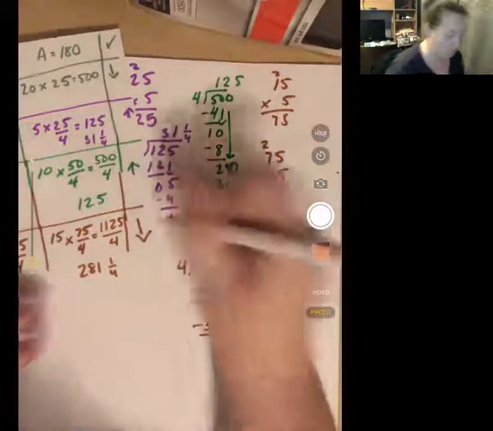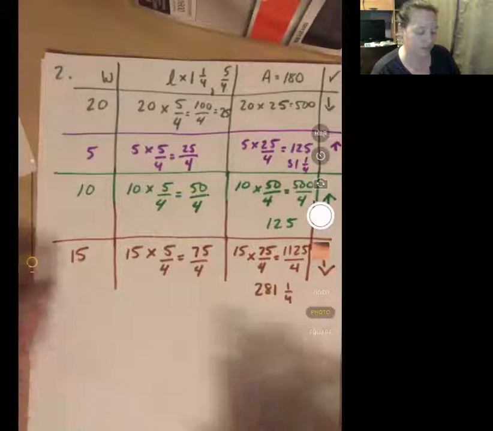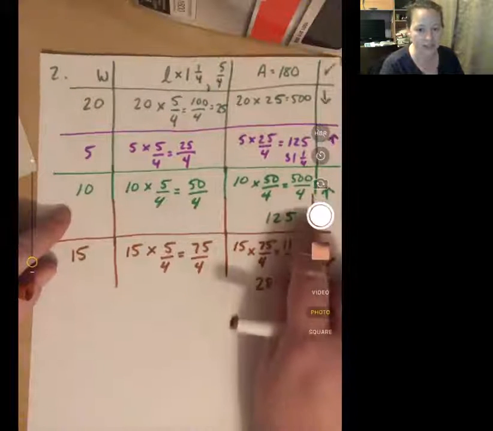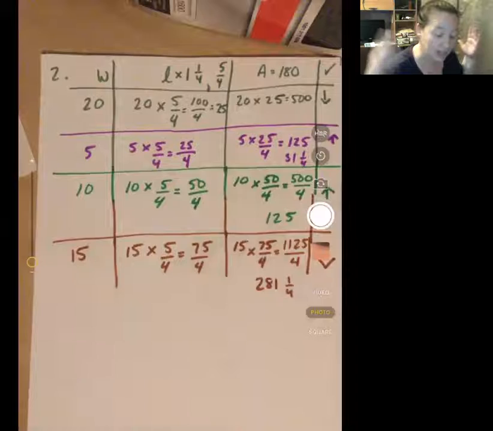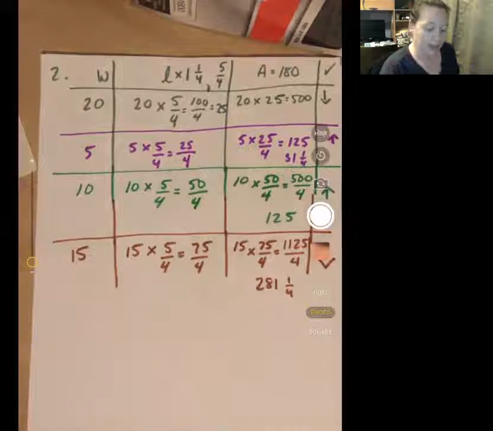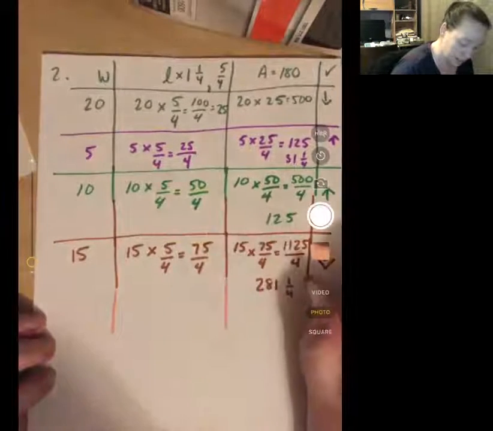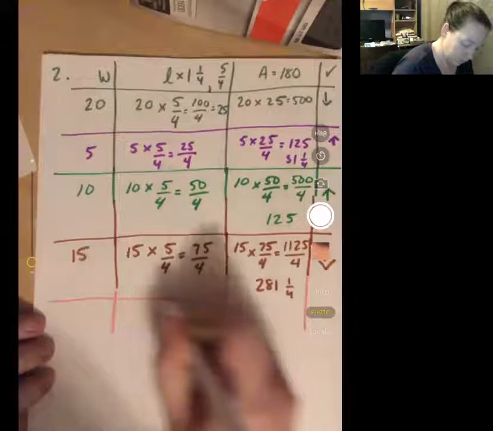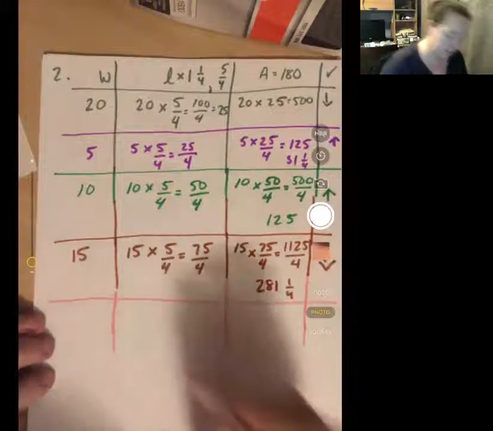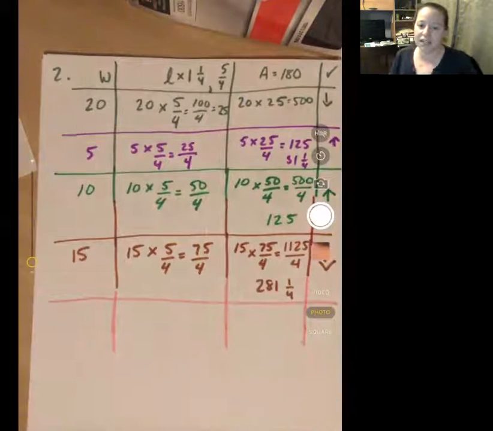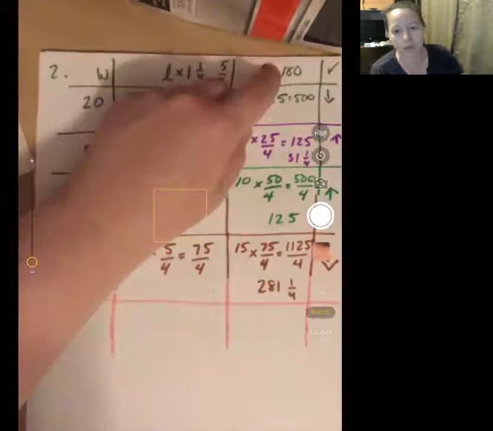So we need to go back down. So it is somewhere between 10 and 15. See, 10 says it needs to be higher, 15 says it needs to be lower. Let's try another one. Okay, this time I need something between 10 and 15 that I can divide 4 into, because we end up with a whole number.